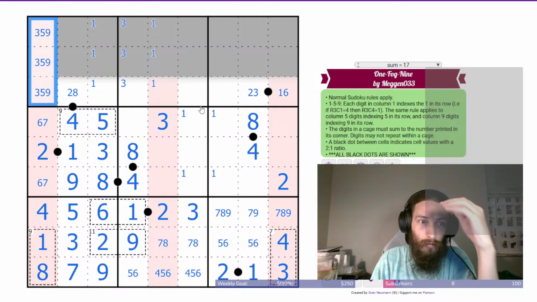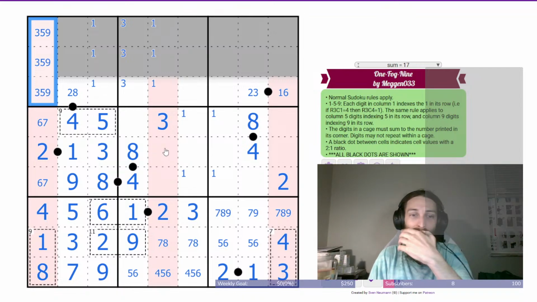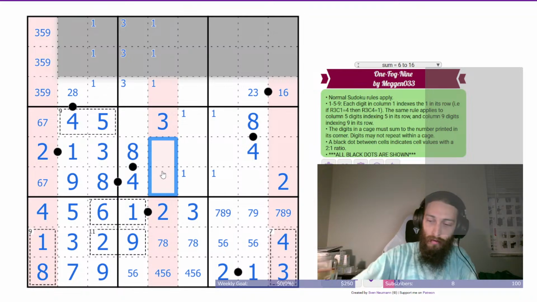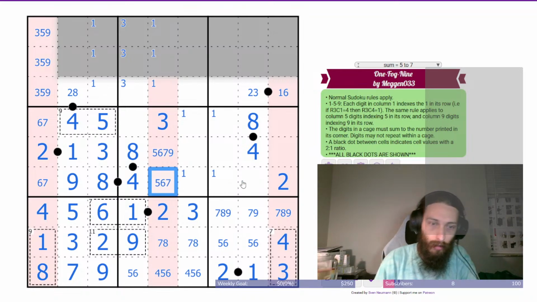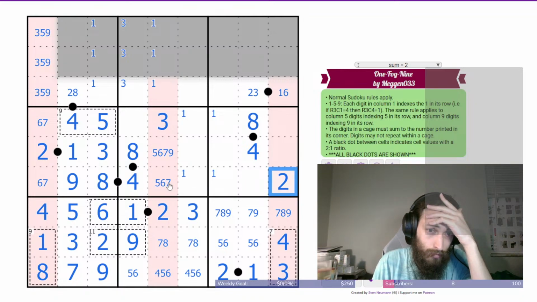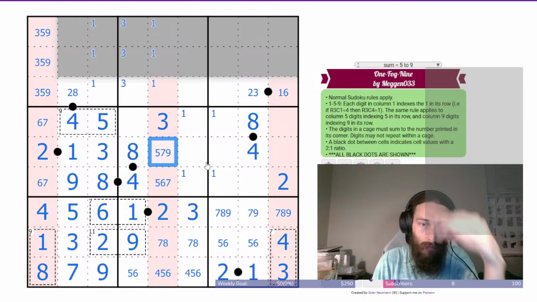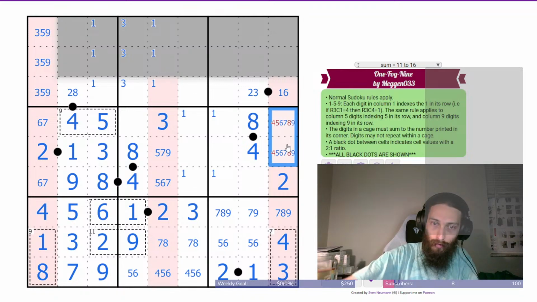Column 1, 7 and box 1, 7's out, yeah. 4, 5, and 6, no 4, 7, 8, 9, no 8. This can't be a 9 because there's 2 there. Can't have 6 below the 3. Right. And 4, 5, 6, 7, 8, 9, 4, 5, or 8, not 8, not 4.